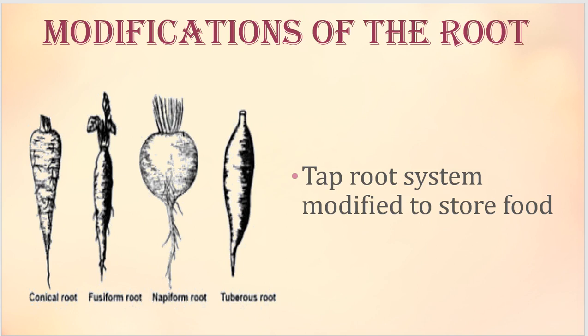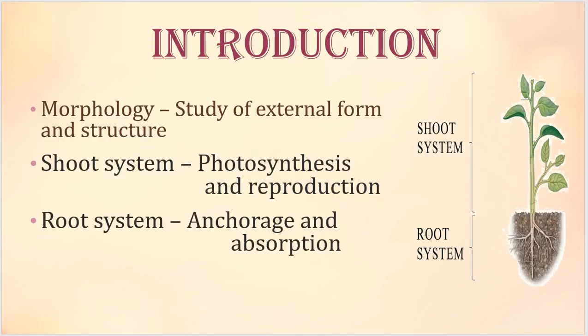First, before knowing what the modifications are, we should know why a root has to modify. The prime reason is when it wants to do some special function apart from its normal function. What are the normal functions of the root system? Anchorage and absorption.